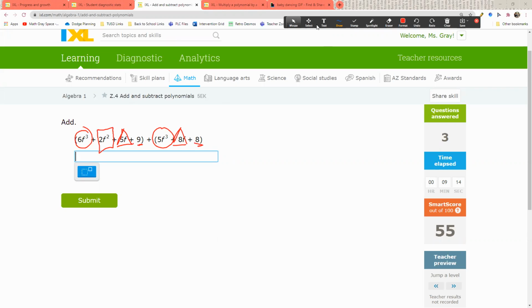So altogether, if I'm adding those up, I have 11f to the third, and then I have 2f plus 2f squared. And then this 5f plus 8f makes 13f, plus 9 and 8, which makes 17.